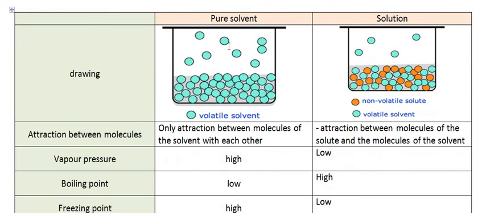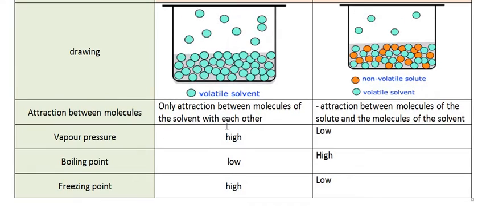Here is a comparison between the pure solvent and the solution. The solution is this pure solvent plus the solute, which is drawn here as red or orange circles. When you dissolve the solute in the solvent, there is an attraction between the molecules of the solute and the molecules of the solvent.